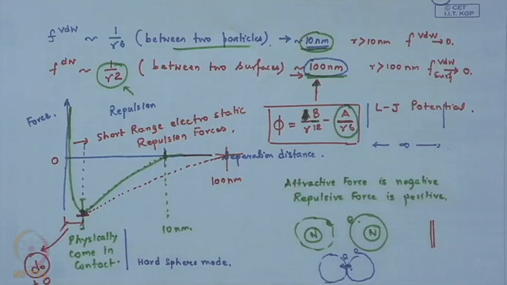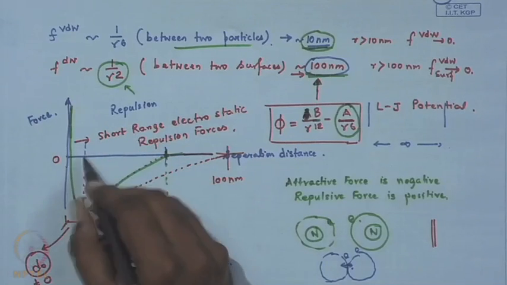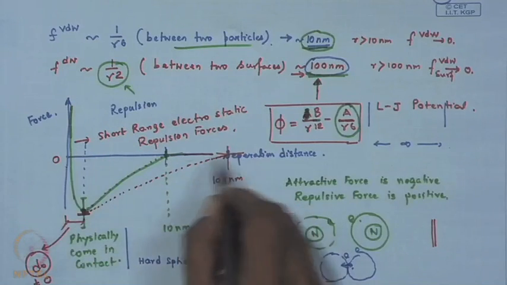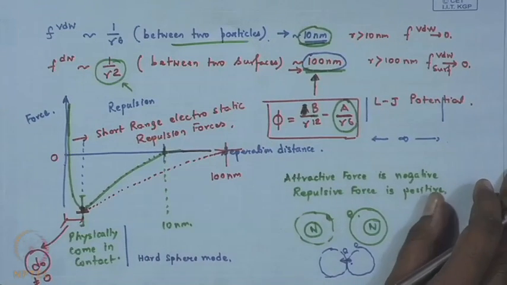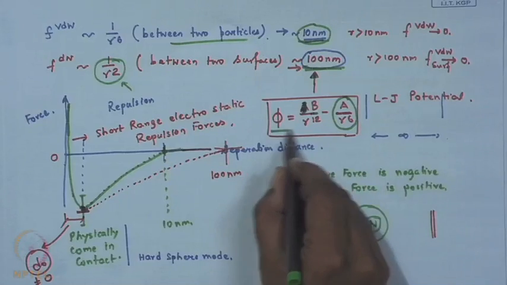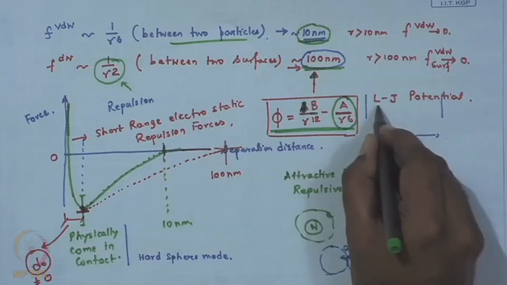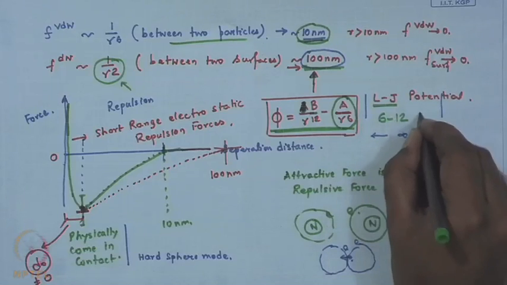We then tried to understand what these potential curves look like. We also found that in addition to the van der Waals force, there is a very short range electrostatic repulsion, which originates from the overlap of the electron charge clouds. Then we introduced the Lennard-Jones potential, a typical potential, also sometimes called the 6-12 potential.